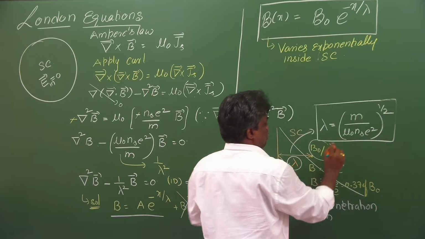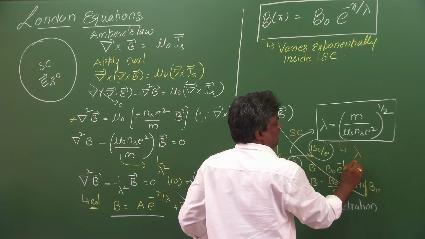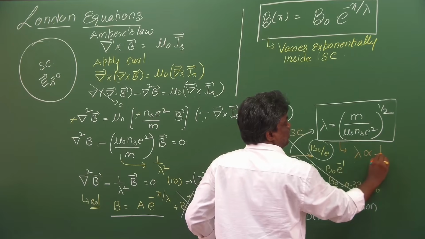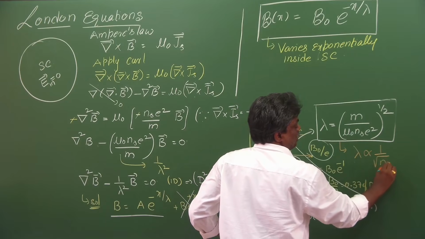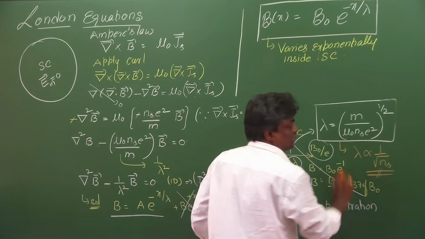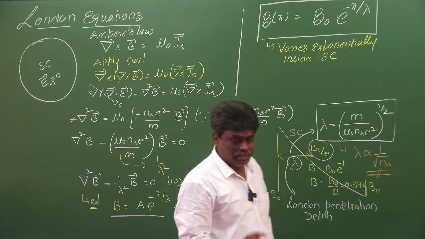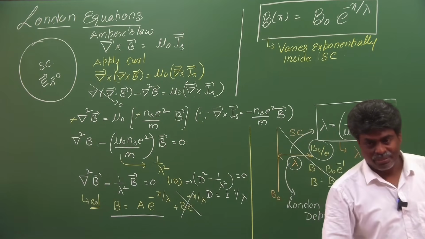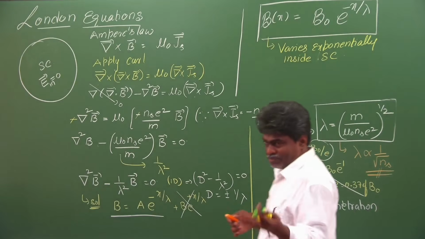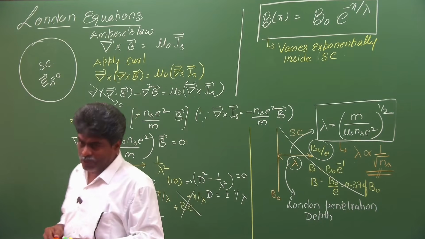Now this is one of the most important questions. London penetration depth is proportional to the square root of the number of super electrons. m is constant, mu naught is constant, e square is constant, the number of super electrons varies. That's why the penetration depth is proportional to that.